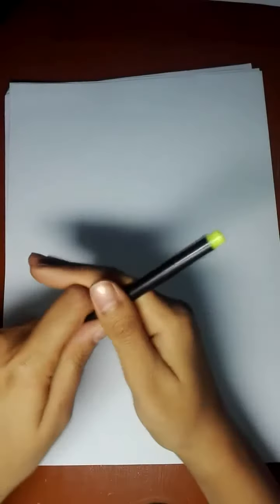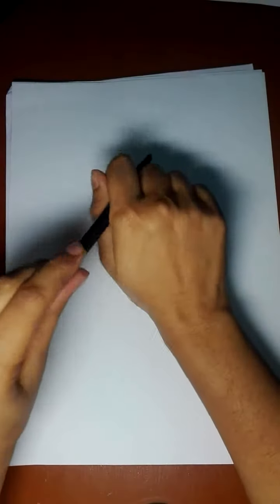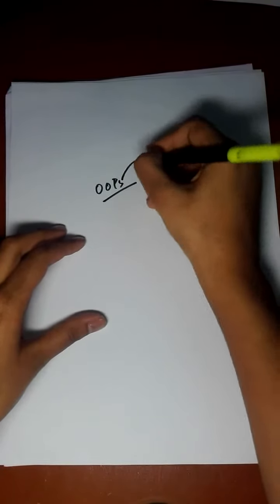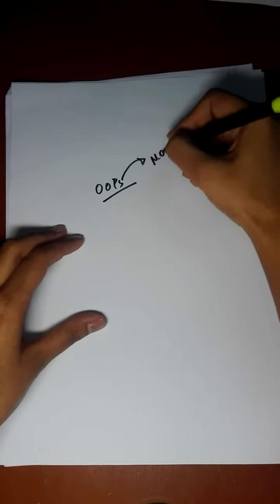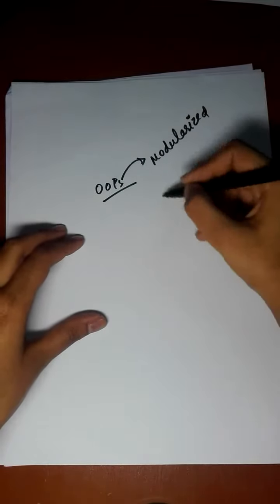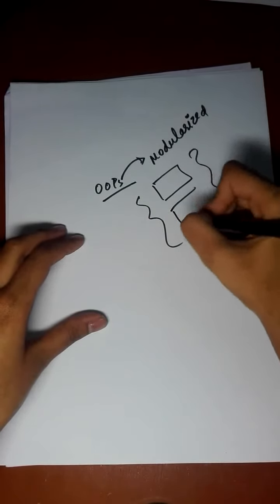Before all of that, I hope you're familiar with the fact that OOPS is actually a language which is modularized. Now, what do you mean by modularized? It means that the whole program is written in modules.